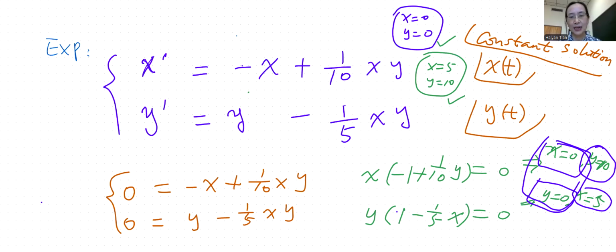It says C over D for X. So C is 1 over D is 1/5. 1 over 1/5, which is 5. Yeah, that's what we got.